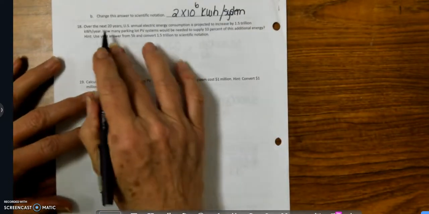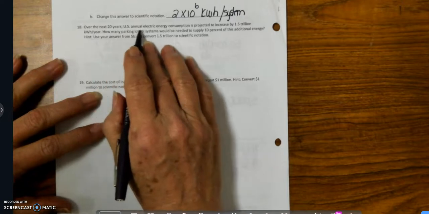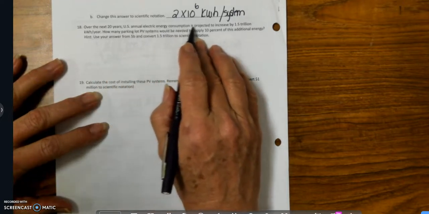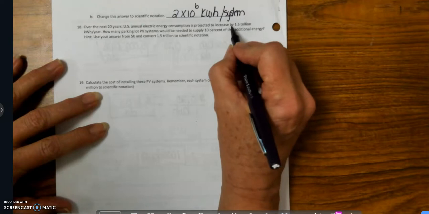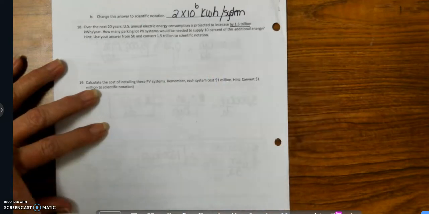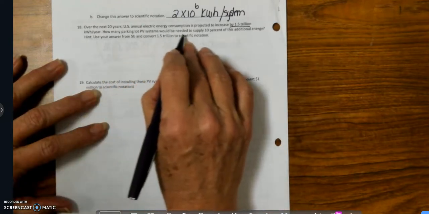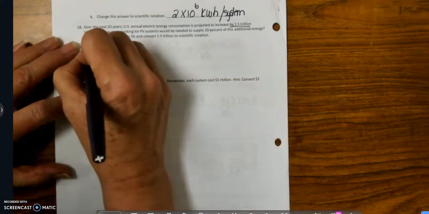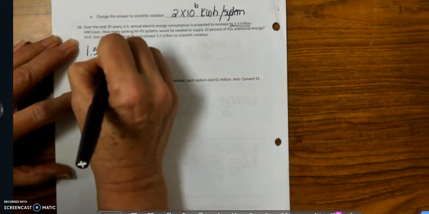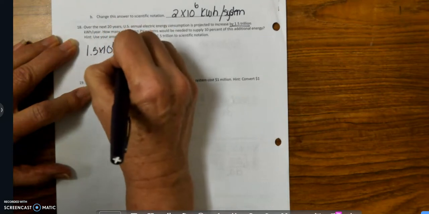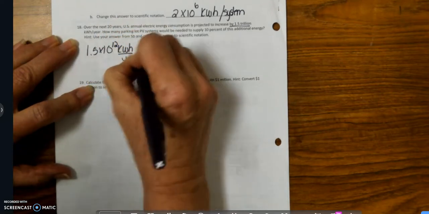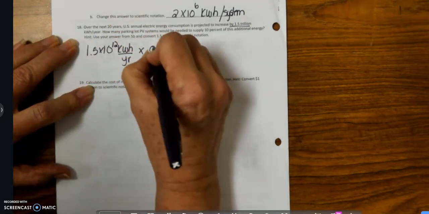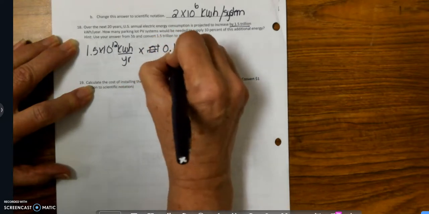Because what I'm going to do is, it says over the next 20 years, the U.S. annual electrical energy consumption is projected to increase by 1.5 trillion. How much PV loss would be needed to supply 10%? So what I'm going to do is I'm going to take my 1 trillion kilowatt hours per year, take 10% of that, 0.1.